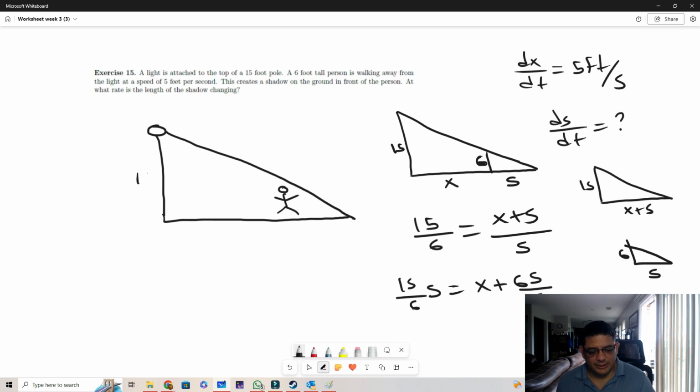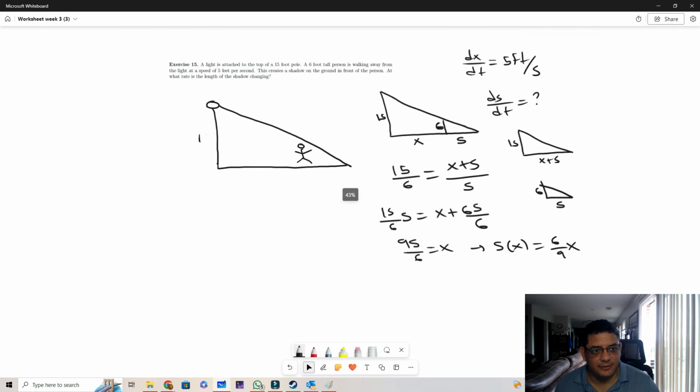If I subtract this, then I'm going to have that 9s over 6 is equal to x, or ds of x is 6 over 9 x.